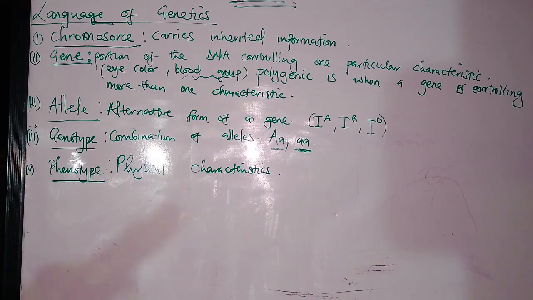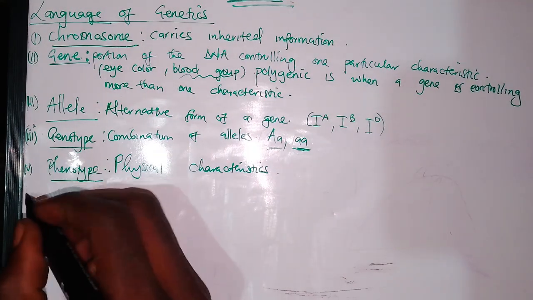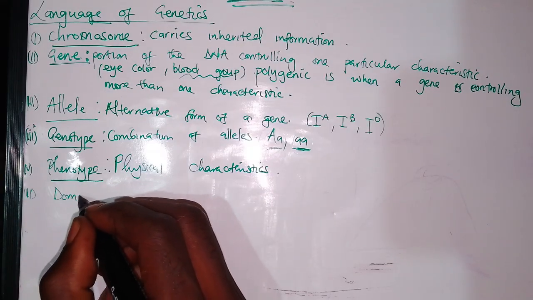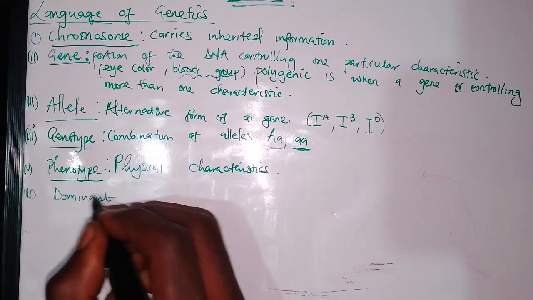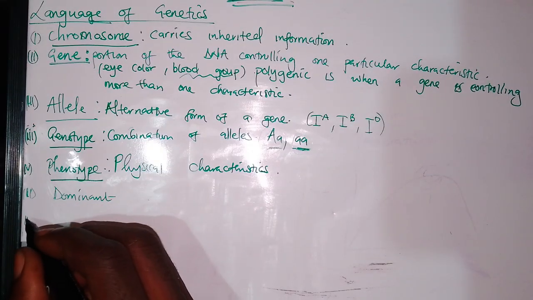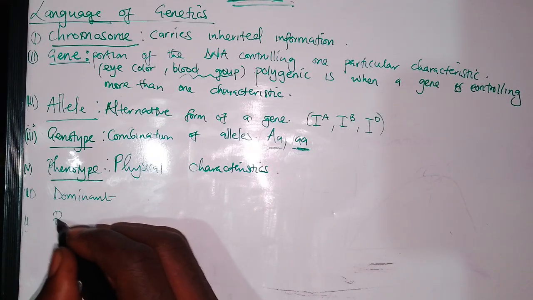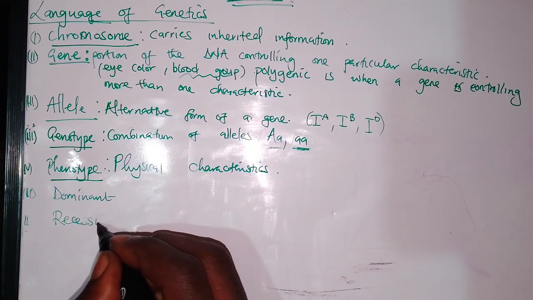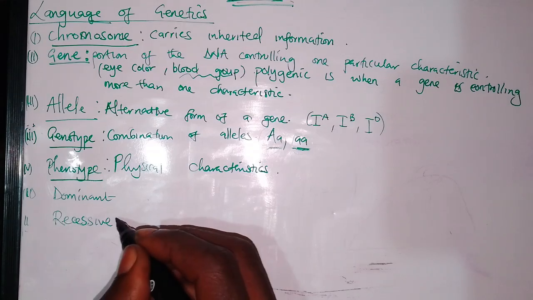Then there are also two terms which we'll talk about together. So the terms are dominant and recessive.